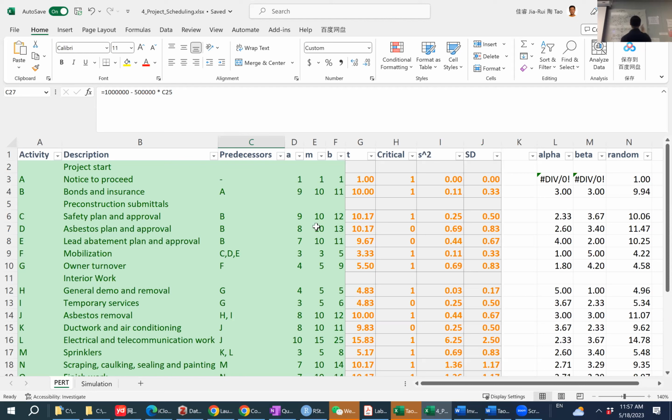The reason is again because activities H and I share the same expected duration, but they can be done in parallel. So both of them are on the critical path, but only one of them should be accounted for in the total duration.